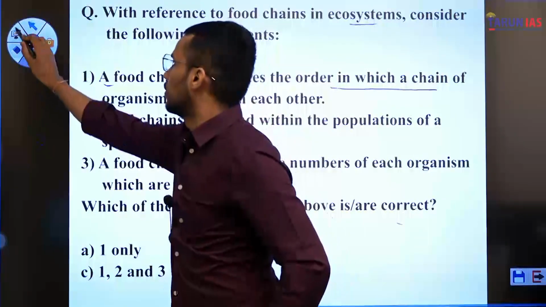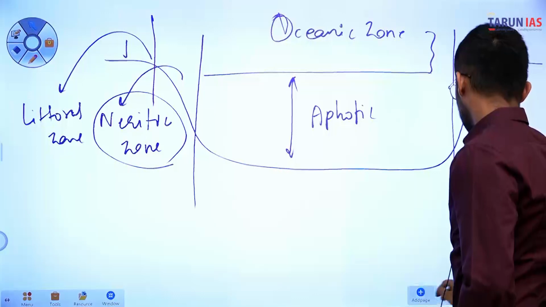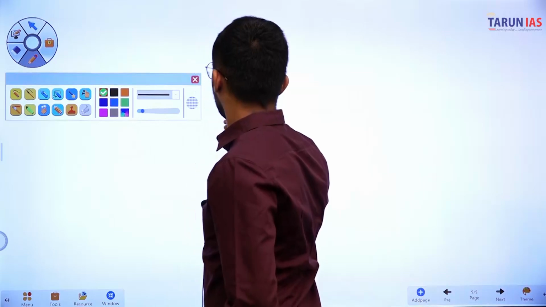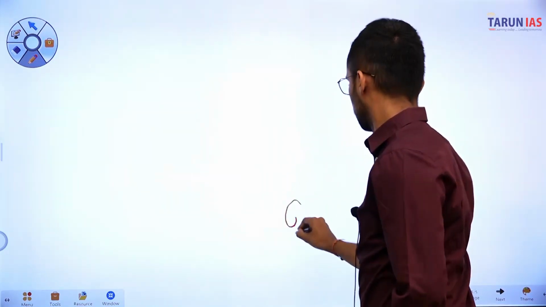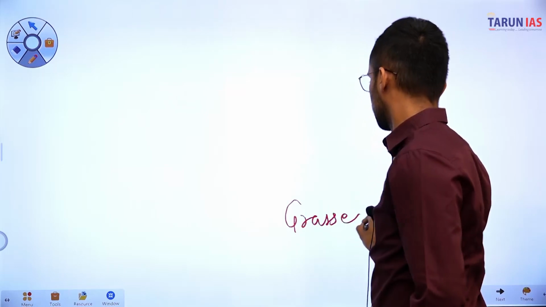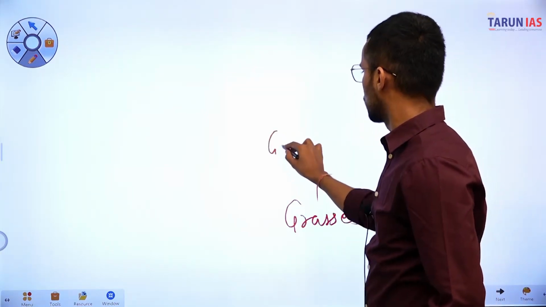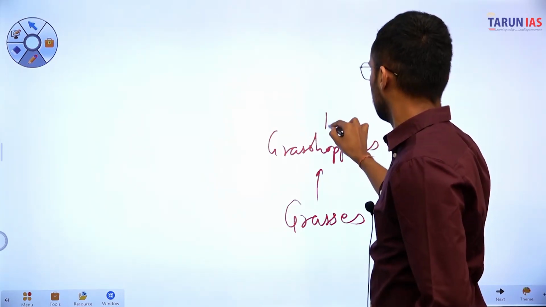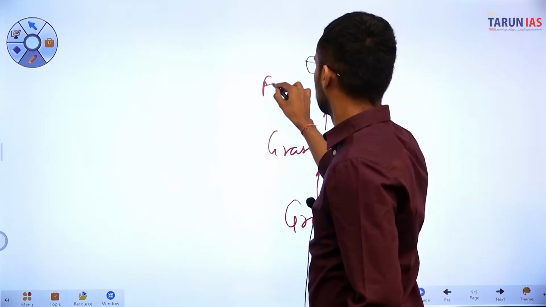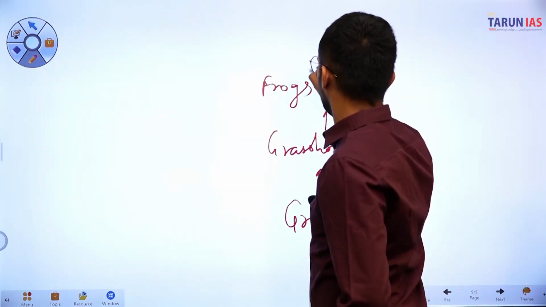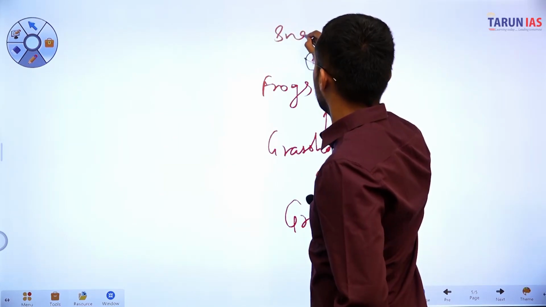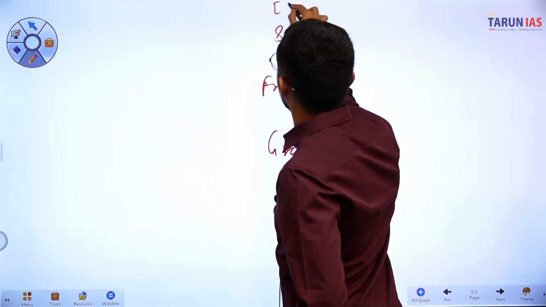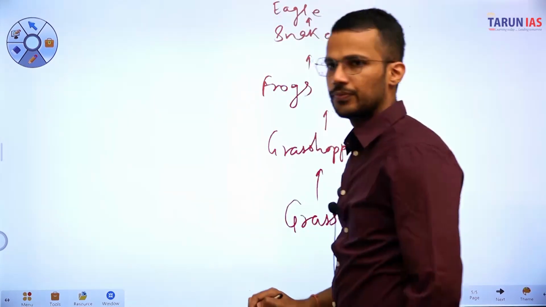Or if we can draw a simple food chain, then we can say that grasses are being eaten up by grasshoppers, which are in turn eaten up by frogs, which are fed upon by snakes, and lastly, it is the eagle that is eating snakes.